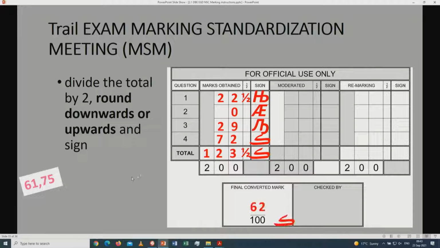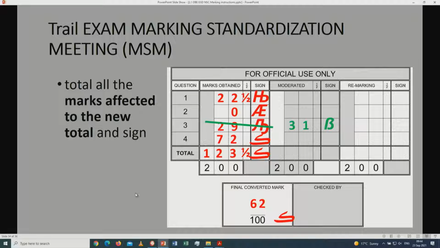Now if it is divided by 2 and it's 61.5, 61.75, then in that case it will roll over to 62. All right, so that's where you round up for the first time, not over here and not over there. You transfer the half marks over here, and then from there on, once you've done it up towards the total, then of course you will get that mark over there.